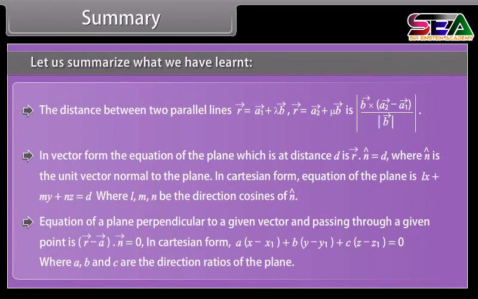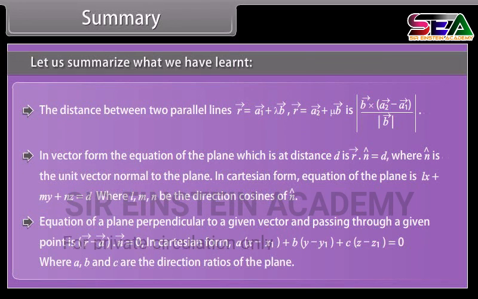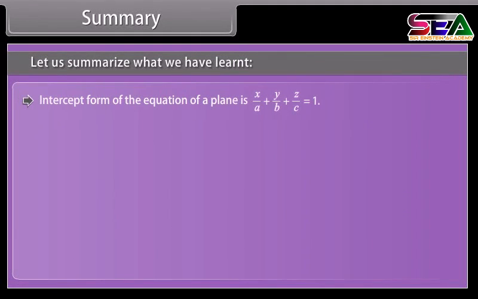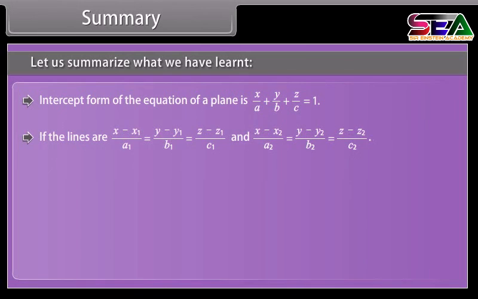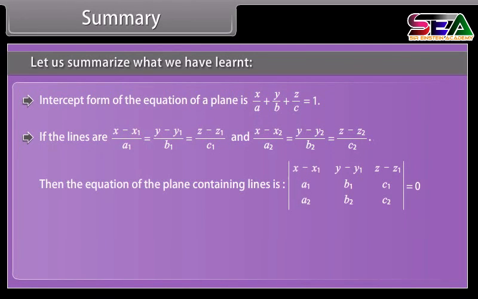The equation of a plane perpendicular to a given vector and passing through a given point is, in Cartesian form, given below, where A, B, and C are the direction ratios of the plane. Intercept form of the equation of a plane is given below. If the lines are as given, then the equation of the plane containing the lines is given below.